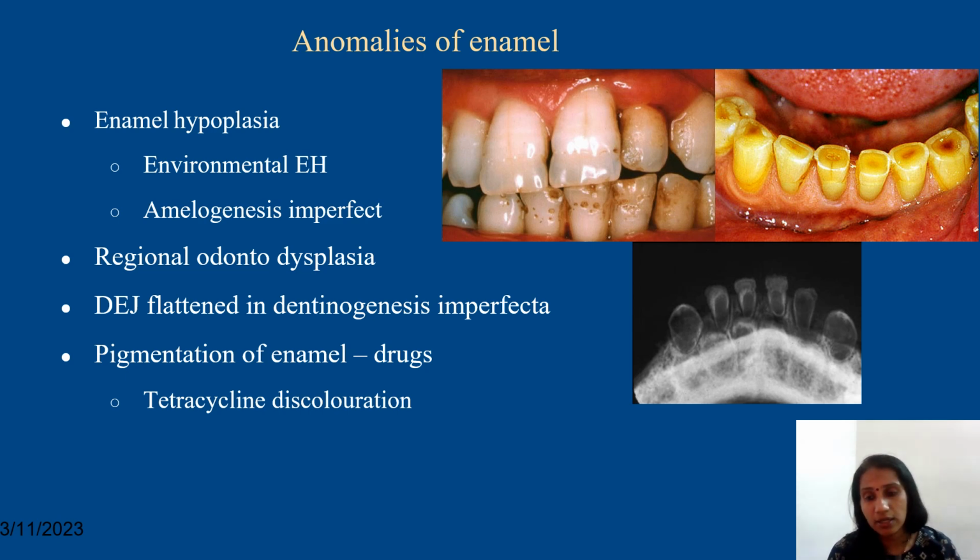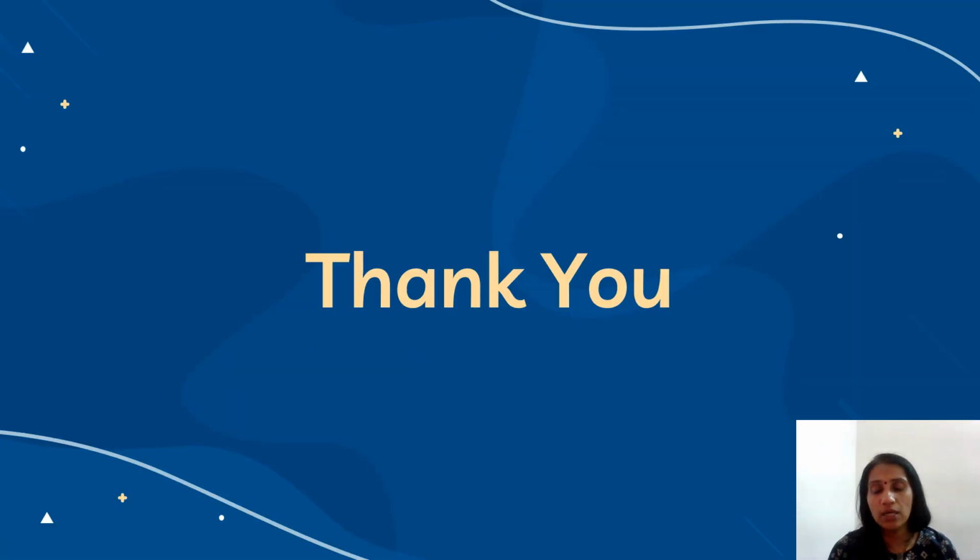So remember, to cover the gist of the chapter, we studied the properties of enamel, the physical properties related to the hardness, the solubility, the reflective property of enamel, the thickness of enamel, the color of enamel. So these were the physical properties. The chemical composition of enamel, which had organic, inorganic and water.